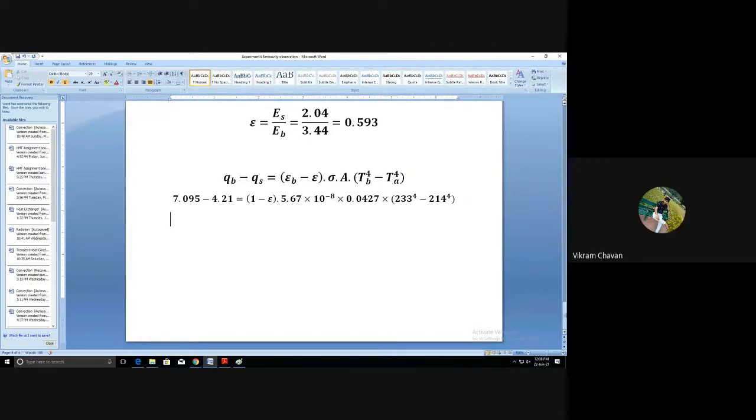Okay, 0.402, by using this formula. Yes, sir. By using this formula, you are getting 0.402.